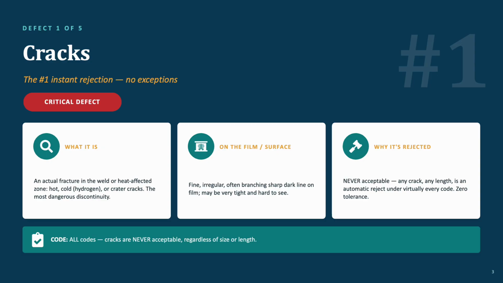Number 1 is the crack, zero tolerance. A crack is an actual fracture in the weld or heat affected zone. Whether hot crack, cold crack, hydrogen crack or crater crack, it is the most dangerous discontinuity there is. On film, it's a fine, irregular, often branching dark line, and the dangerous part is it can be very tight, very hard to see.